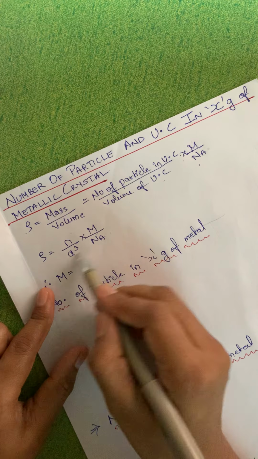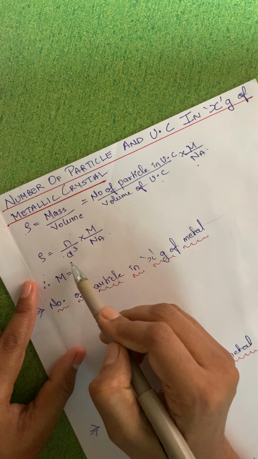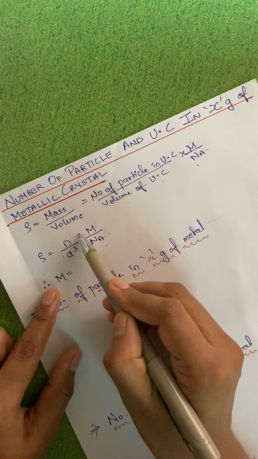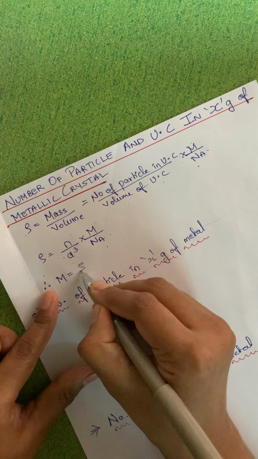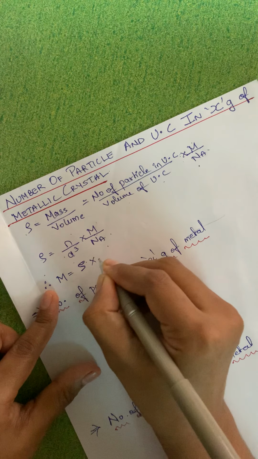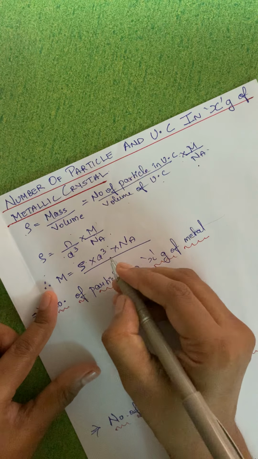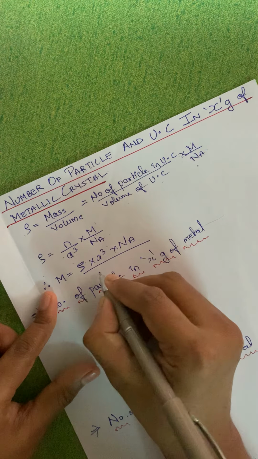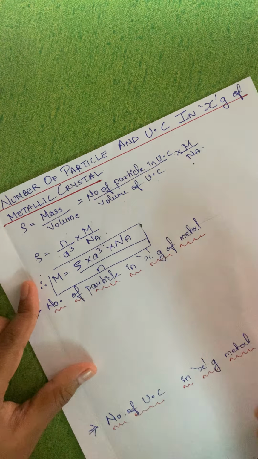So you know this formula, I told you to learn this by heart. Density is equal to N into M upon a cube into Na. From here I can get the value of M. M will be equal to density multiplied by a cube into Na upon N. This will be my final value for M.